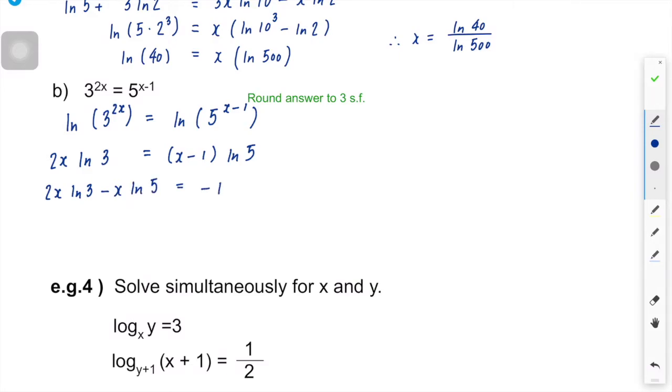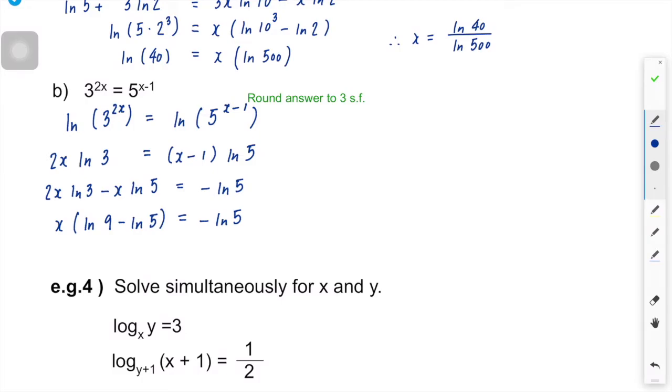This is equal to negative ln 5. That's okay. We'll keep it in this form first. On the left side, this will help me by factoring out x. I'm going to have ln of 3 squared, which is 9, minus ln 5. This is negative ln 5.